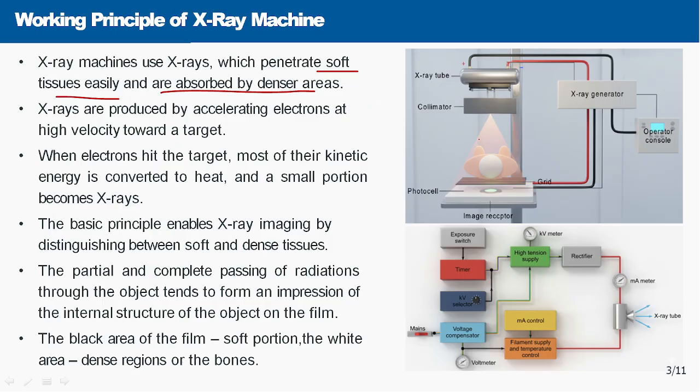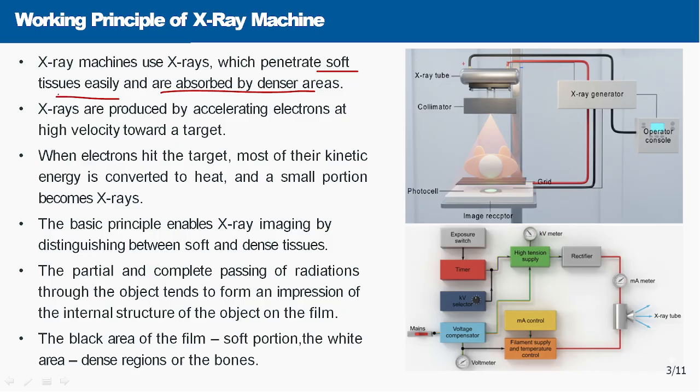So depending upon the density, or the atomic mass of the atoms which comprise the body mass at different areas of the human being, the X-ray will be absorbed or it will be allowed to be transmitted.